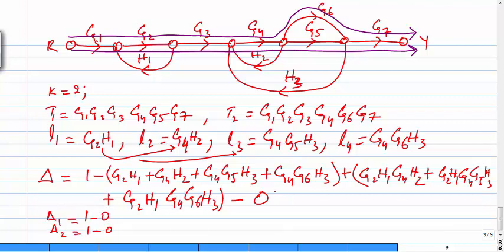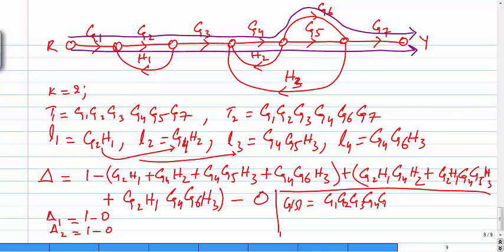So apply the Mason formula, and we get the result that G(s) is equal to G1, G2, G3, G4, G5 and, sorry, let me rewrite it.